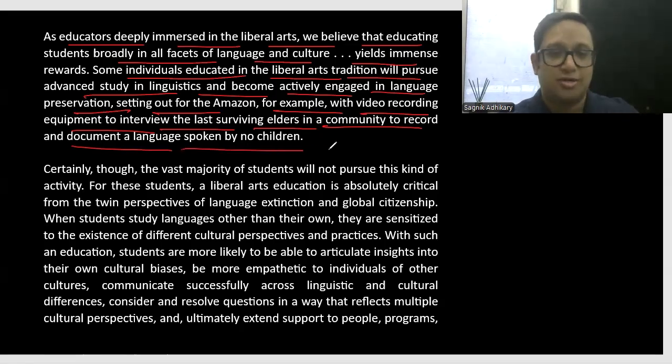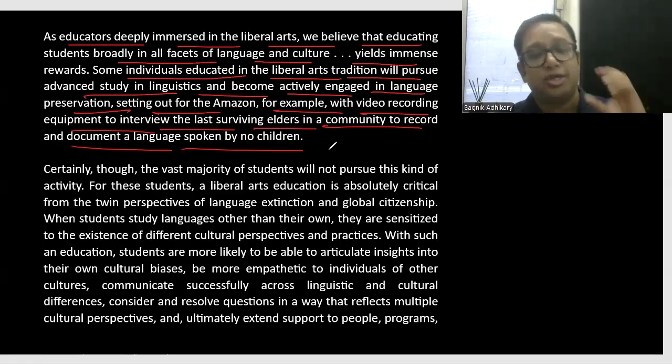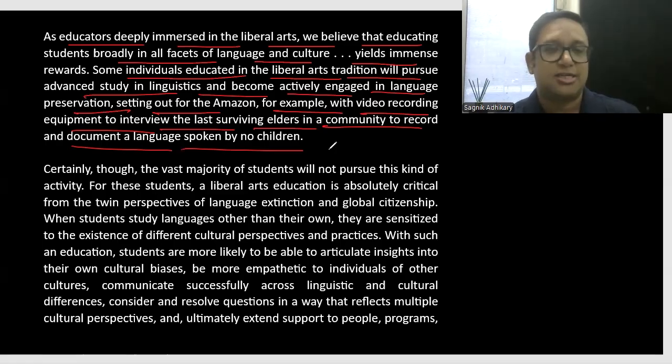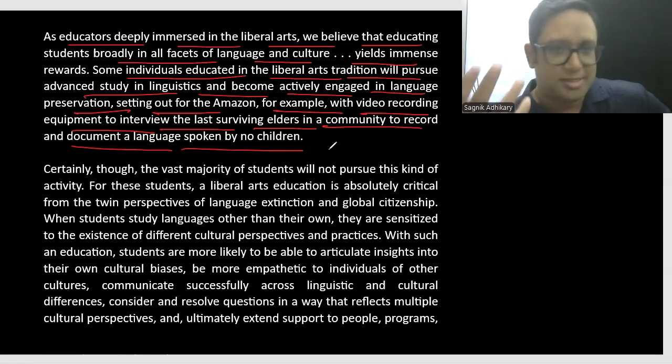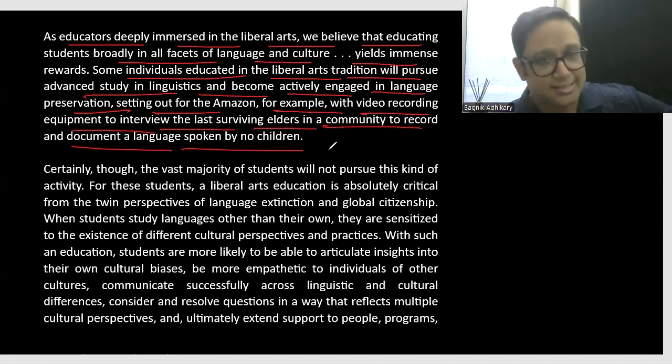So when no children speak a language, there are only some surviving elders in the community who speak that language. When those elders die, eventually that language will go extinct. But certain educators, those who have been trained and immersed in the liberal arts, believe that educating students broadly in all facets of language and culture yields immense reward.